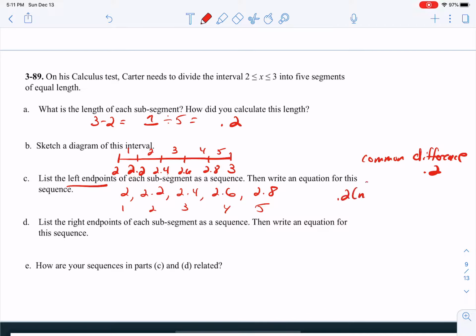So I'm increasing by a value of 0.2 every time. And then you need the 0 term in your sequence. So in this case, I would have to go backwards to get the 0 term. So for my equation, I would have a starting value of 1.8.